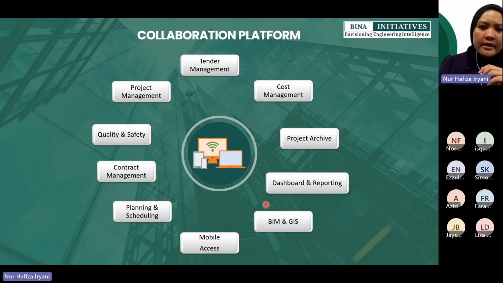Okay, next, when we talk about EDMS, of course, project management or document management is the key module in EDMS, where you can create, upload, share, and collaborate on a lot of documents, drawings, tenders, proposals, RFI, submittals, correspondence, and so on. These tools are basically under the project management module.